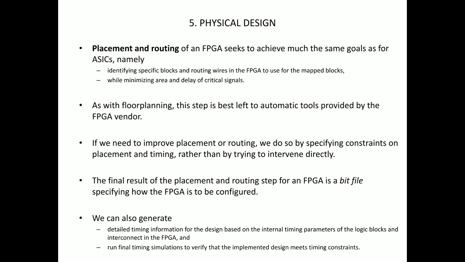Placement and routing needs to be performed automatically, because the tool will have better algorithms than manually placing logic gates and wiring connections. We can depend on the algorithms provided by the tool vendor. If we need to improve placement or routing, we can specify constraints, like where exactly the placement should be and what the timing constraints should be.